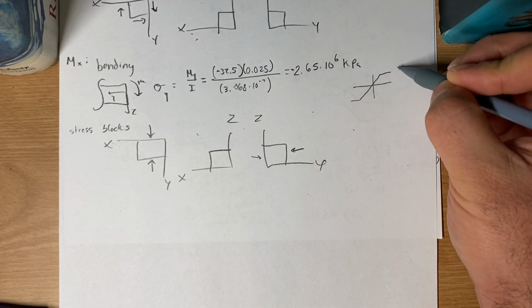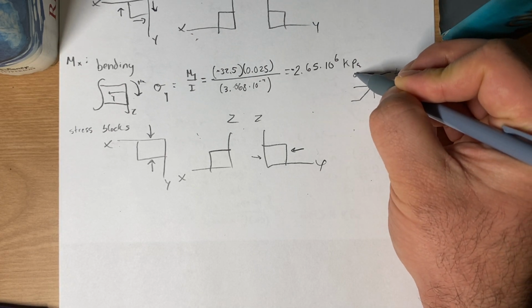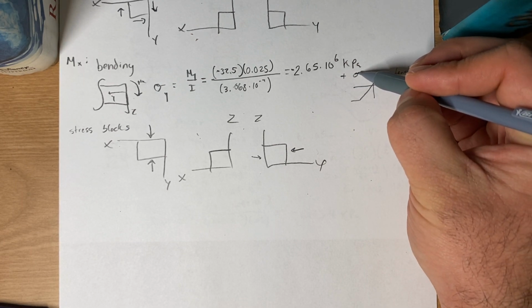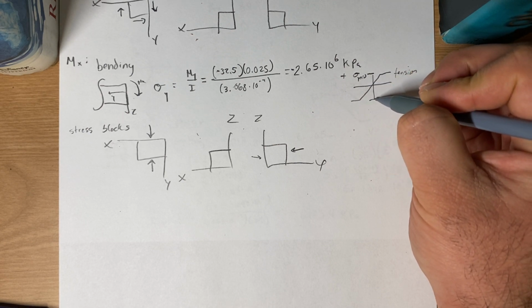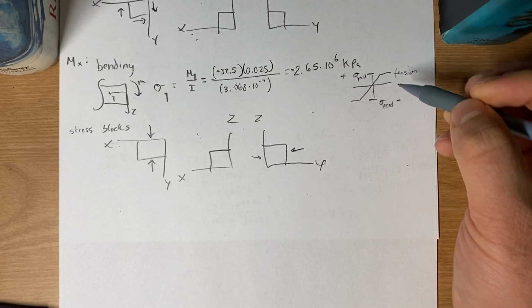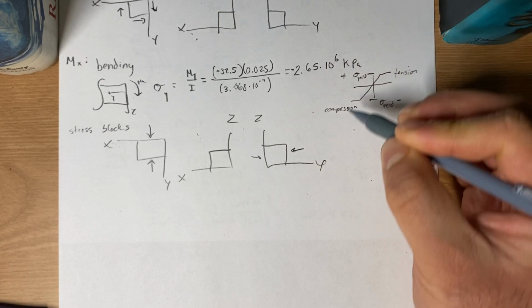So at tension you have a positive yield, and then right here it's negative yield. This is at compression. So that is what is happening right now.